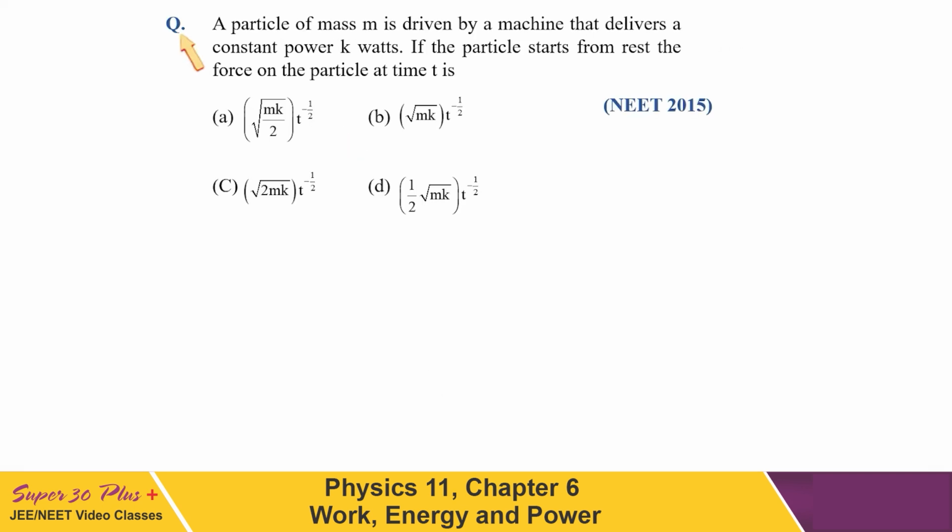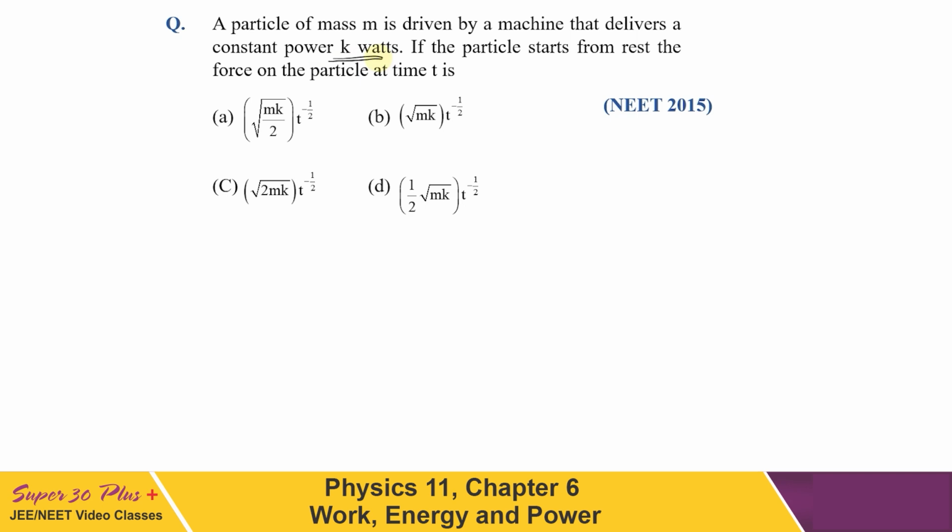The next question is, a particle of mass m is driven by a machine that delivers a constant power k watts. Here power is given constant. If the particle starts from rest, the force on the particle at time t is. Here it is given that power is constant, and then it is asking for force. So we have to write the relation between power and force.